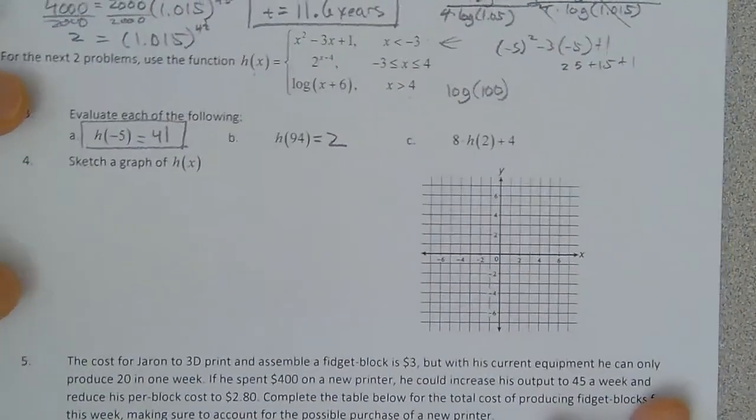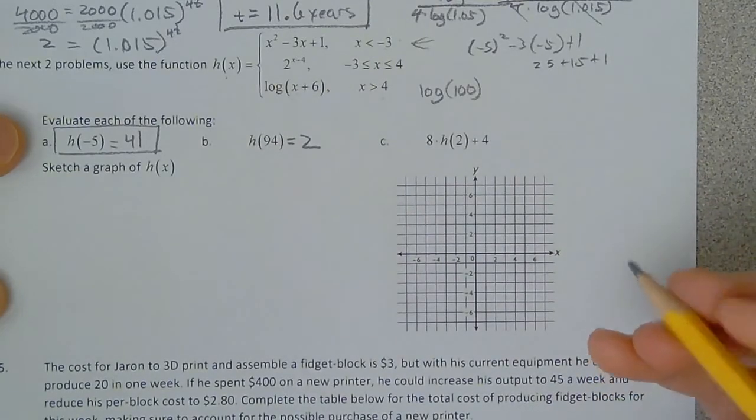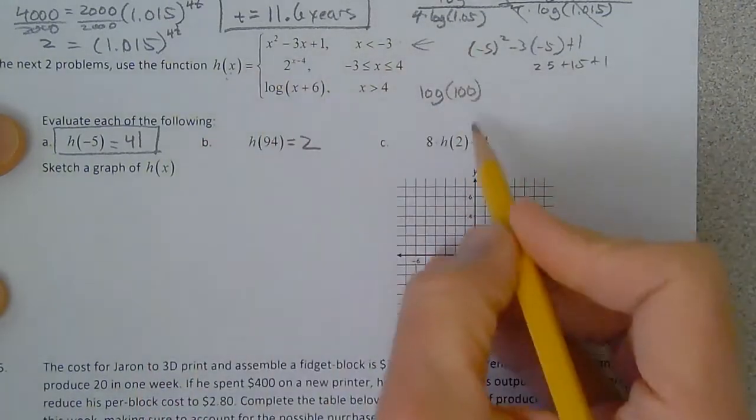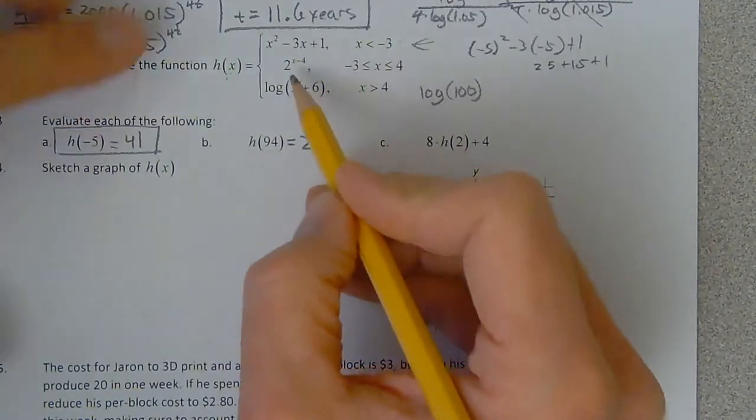Okay. And then finally here it says do 8 times h of 2 plus 4. Well, it's 2 that's going in the place of the x, and that is between -3 and 4.